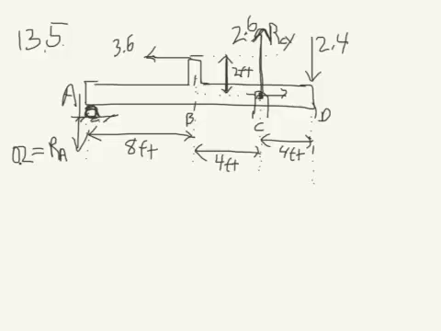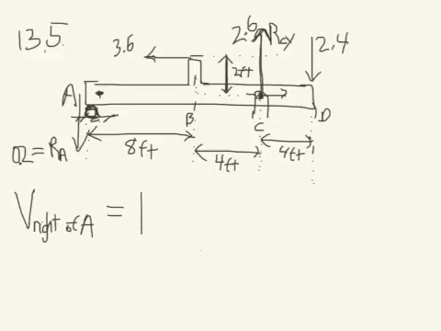So here's where we get to the new stuff. An important point of this chapter is that to find the shear at any point, we're looking just to the right of point A here, you just look at all of the shear forces to the left of that point.